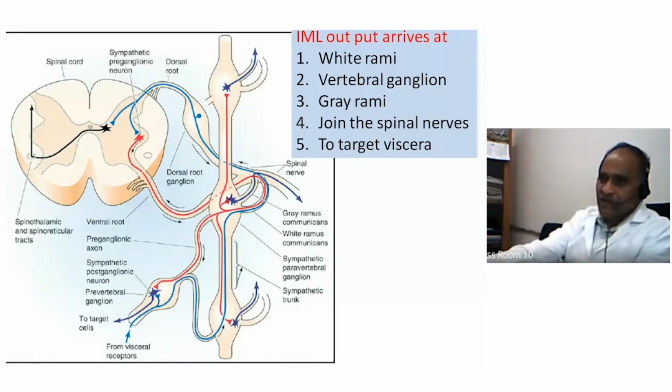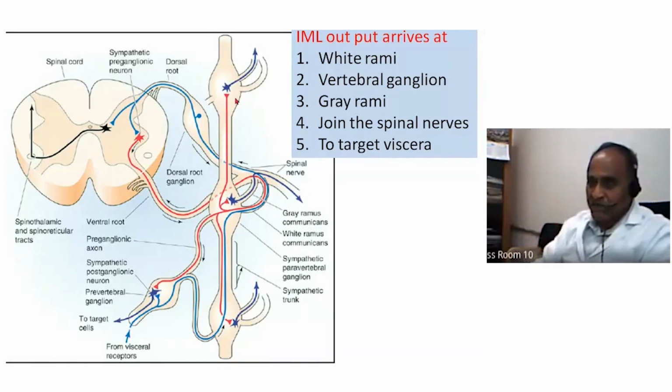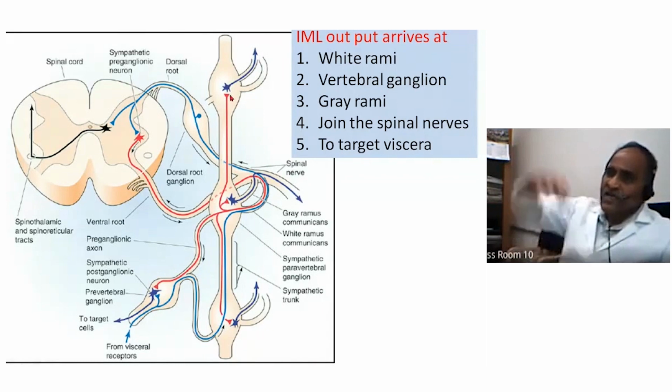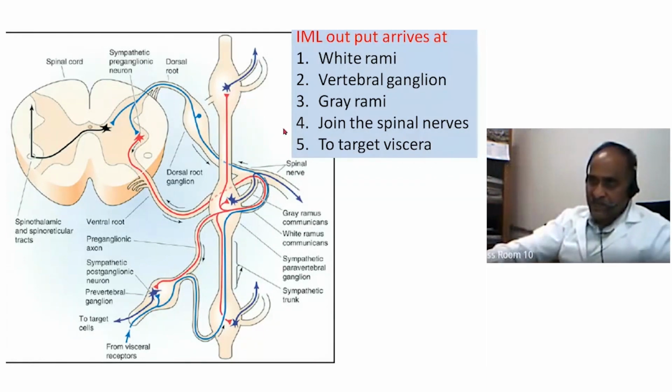Now whatever has made a synapse here will also have a synaptic contact with the next segment, because it's not restricted to a particular segment. So the entire paravertebral chain is intercommunicated. That's what this diagram shows.